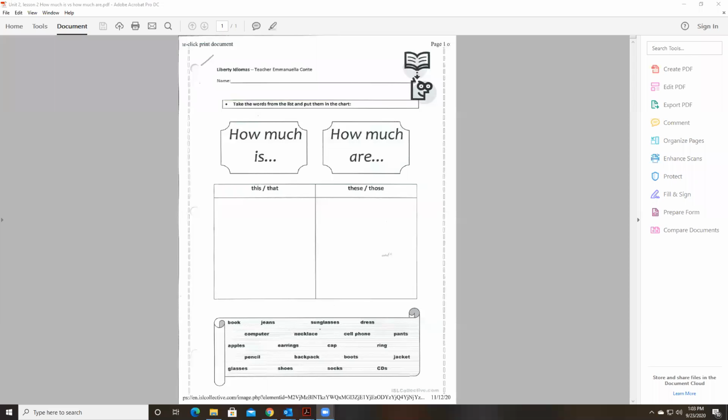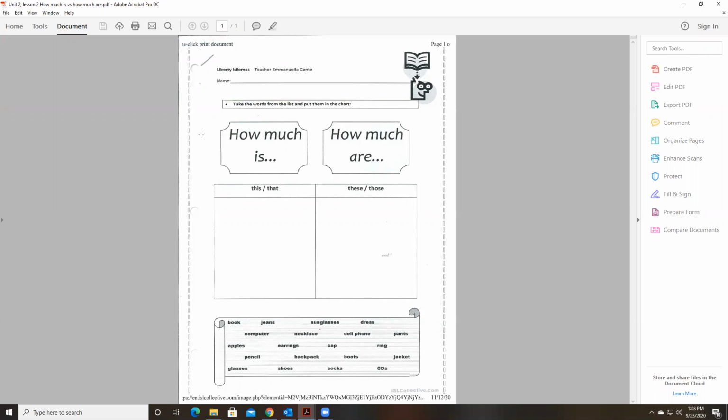Okay, so let me show you what that looks like. All right, it should look like this. It should be the very first page in your packet.